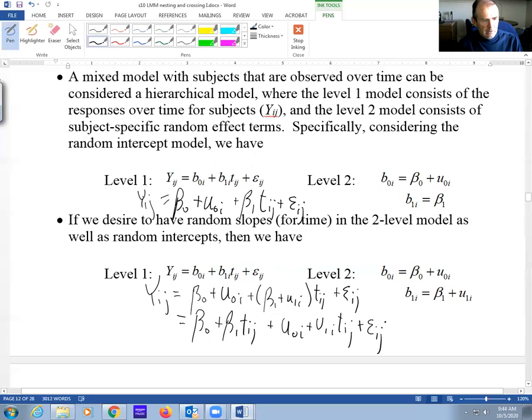Okay. How would the Z matrix look relative to the X matrix for this example? Think about the X matrix. What are the dimensions for the subject level X matrix here? How many columns would you have?